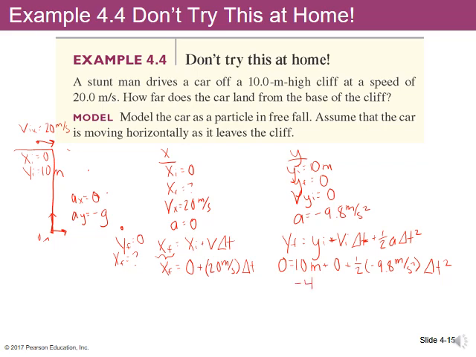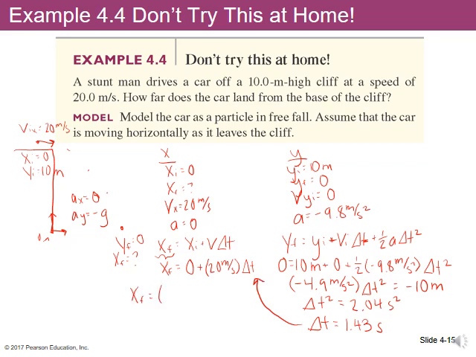We can move the 10 to the other side, and divide both sides by 4.9, to get that delta t squared is 2.04 seconds squared. And then take the square root of that to get that delta t is 1.43 seconds.